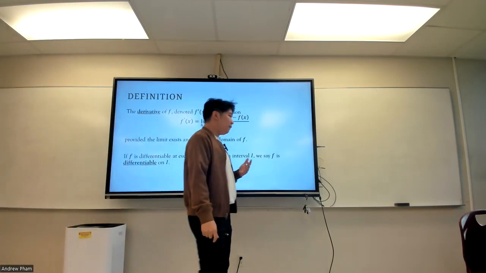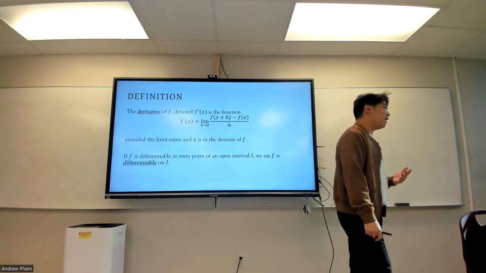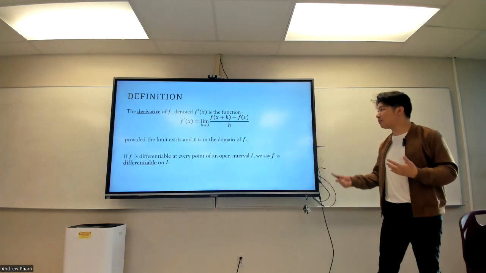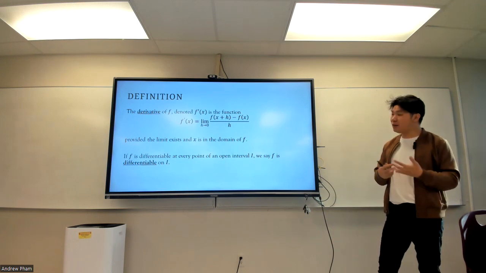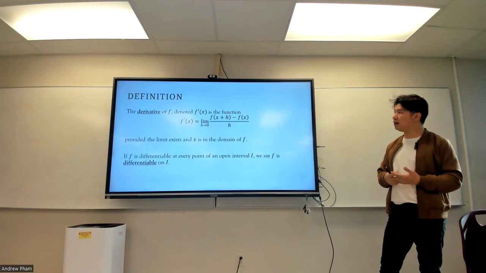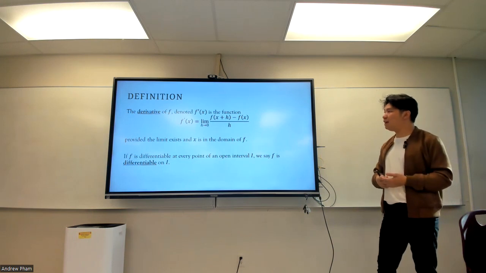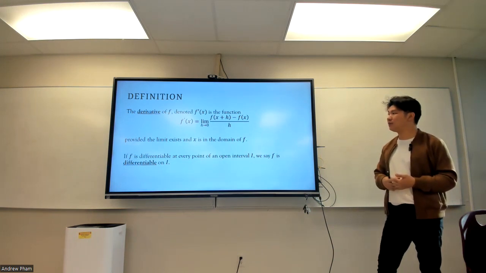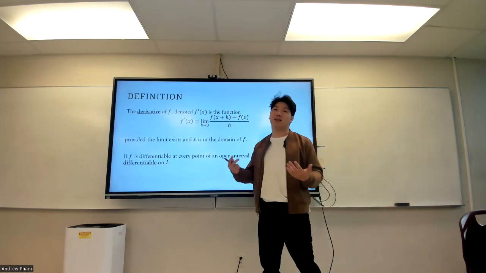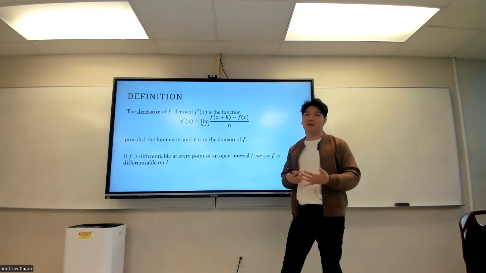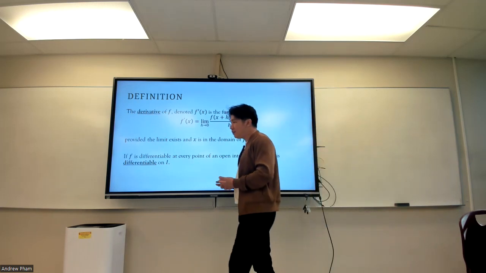The derivative of f, which we denote with f prime of x, is this function. F prime of x is equal to the limit as h goes to 0 of f of x plus h minus f of x all over h. And this is under the assumption that the limit does exist. If I did all of this algebra work, we could find the limit.